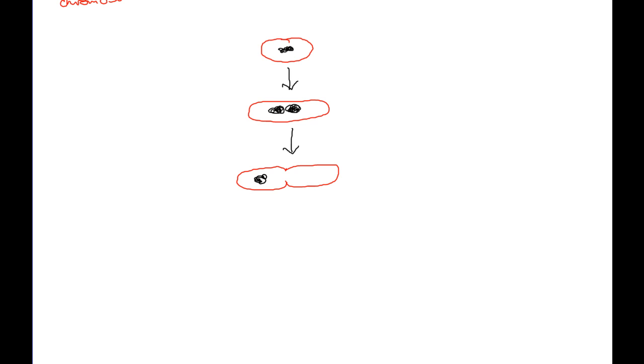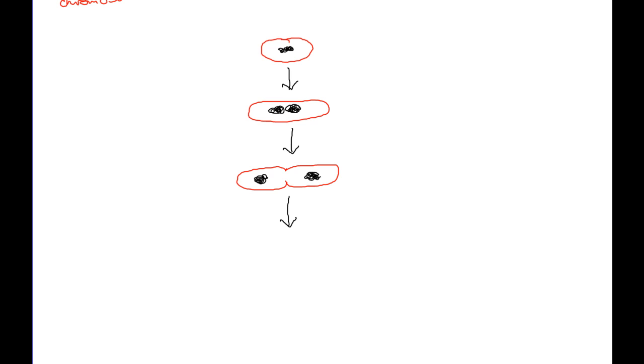So each of the new daughter cells, or each of the new progeny of the cells, will then get its own individual chromosome. Of course, any plasmids that are contained in the cells will have got replicated as well.